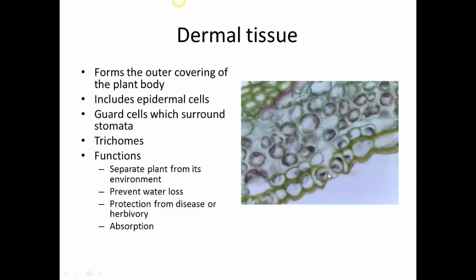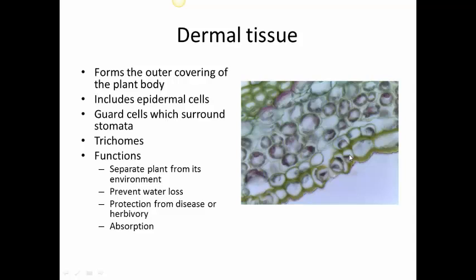These two cells that are a little bit smaller than the epidermal cells are guard cells, and their function is to open as it is now or come together to close the pore, which is this structure right here on the leaf, or the stomata.